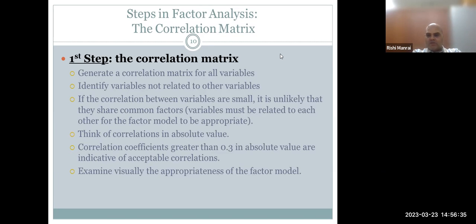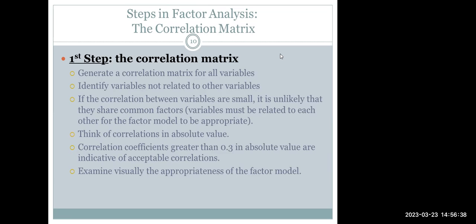Yes, Mr. Sabir Singh, you are answering something? Sir, I think it is related to one variable going towards more than one factor. So it may be the perfect relationship between the variables.